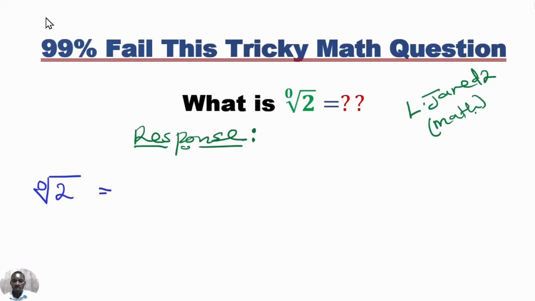So this is the same as having 2 raised to power 1 divided by 0. For example, you can determine that these two expressions are equal.